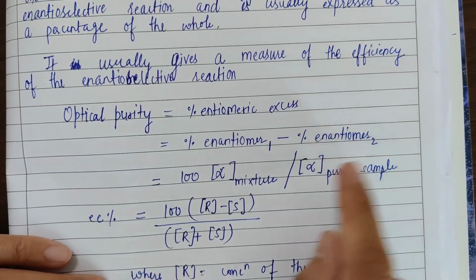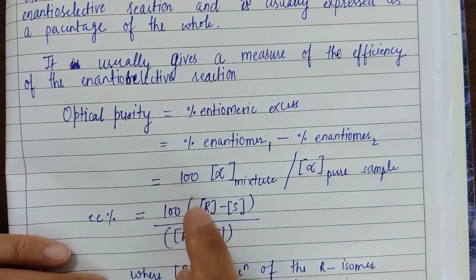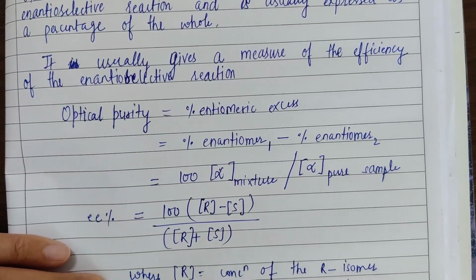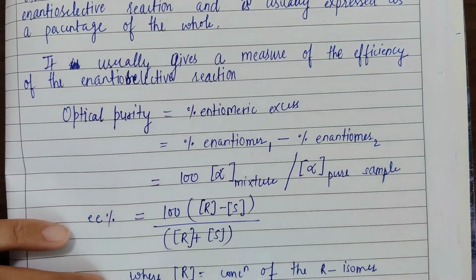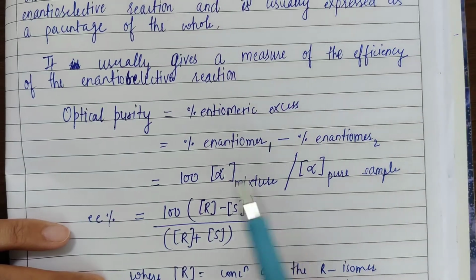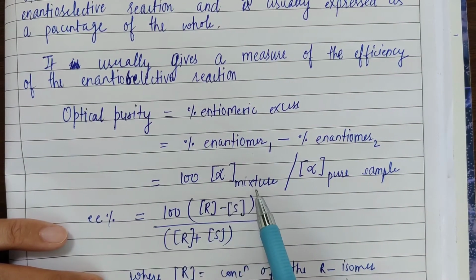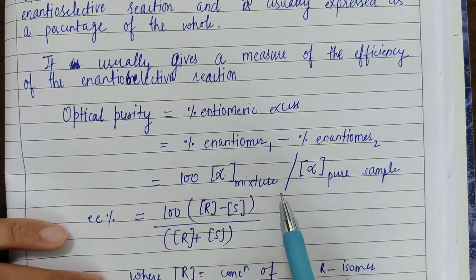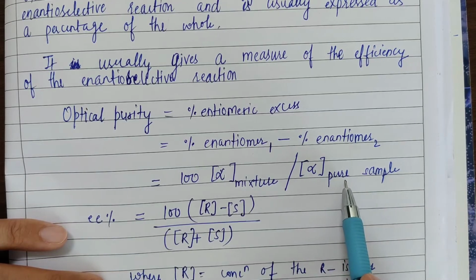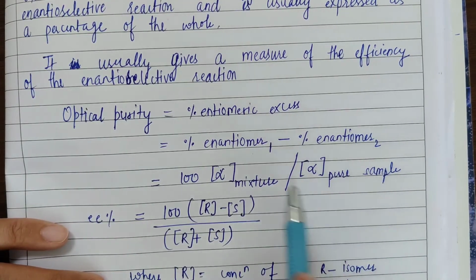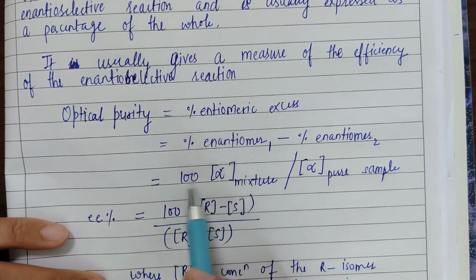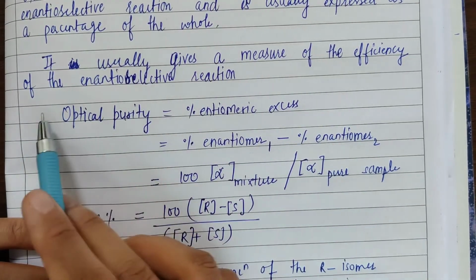Okay, so that can be expressed in terms of optical rotation: optical rotation of the mixture divided by optical rotation shown by your pure substance, times 100. So this is the formula for optical purity.